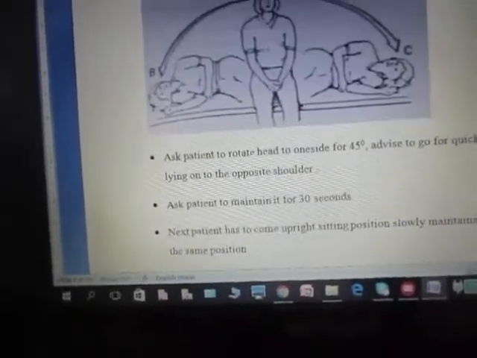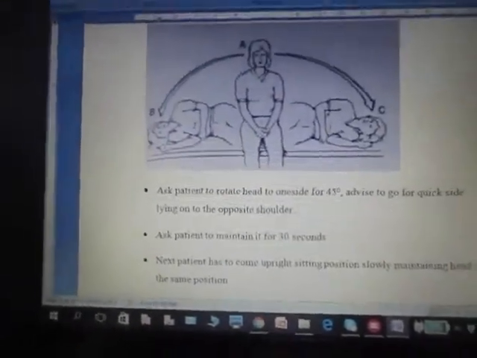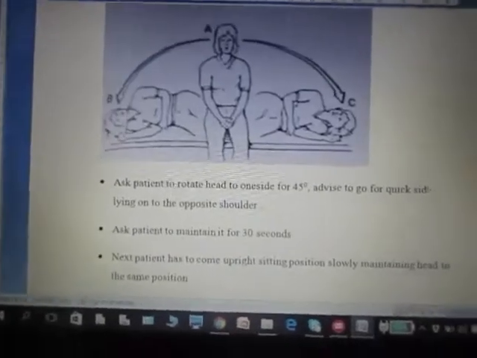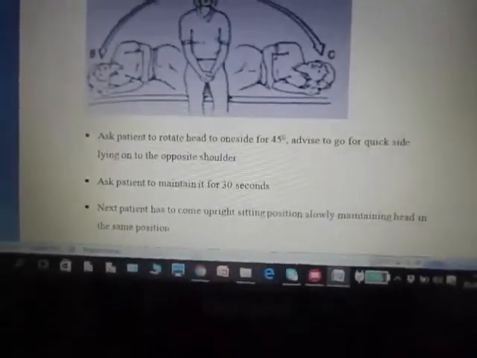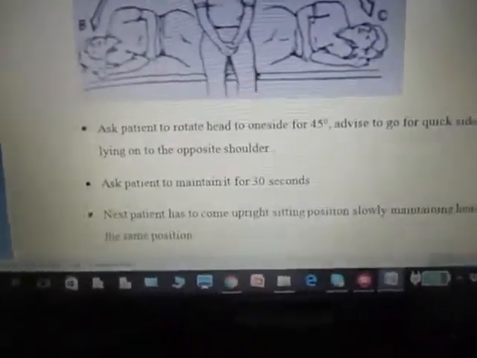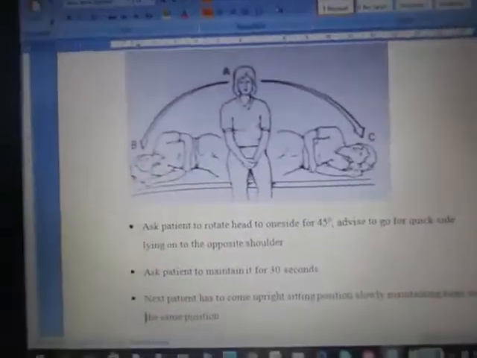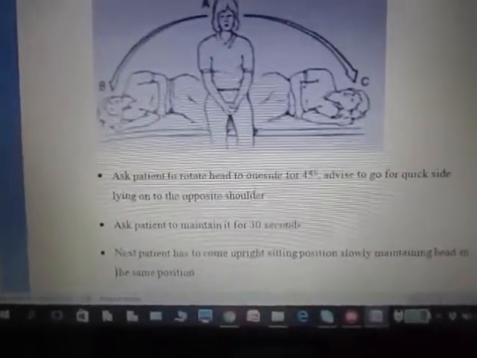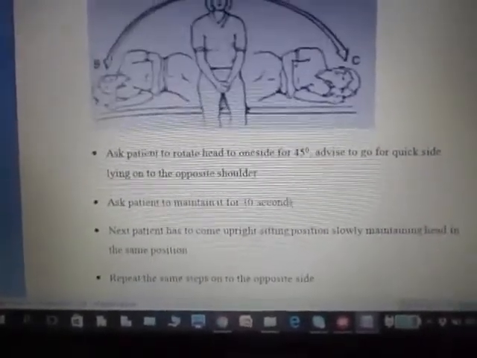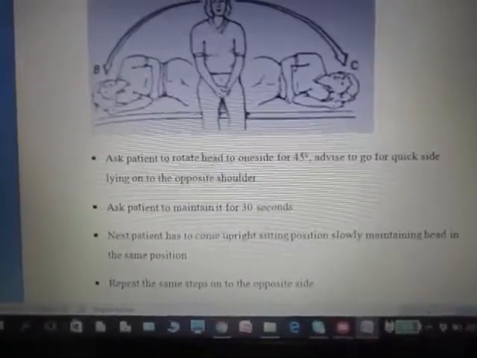If I am turning the head to the right side, he has to lie on his left shoulder. Then ask the patient to maintain it for 30 seconds. Next, the patient has to come to upright sitting position slowly, maintaining the head in the same position. Then repeat the same steps toward the opposite side.